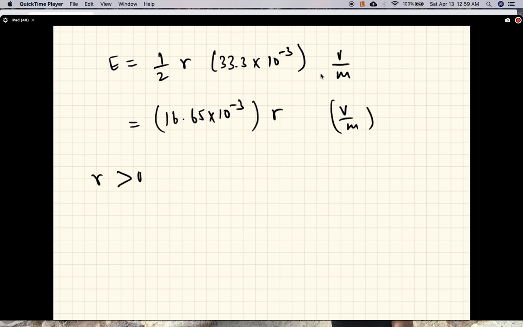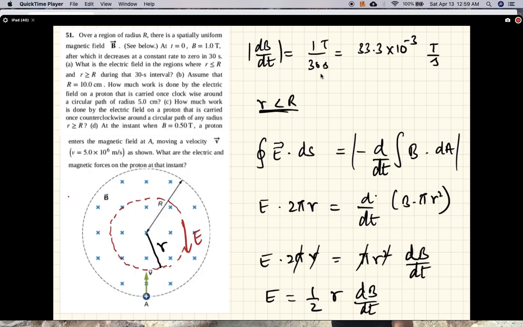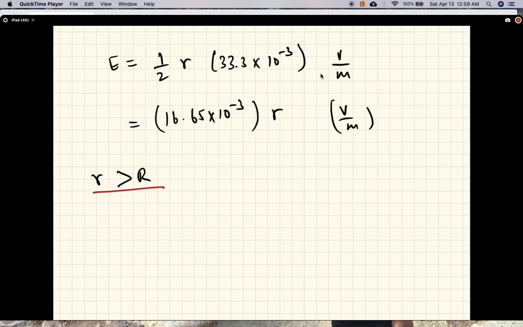For r greater than R, we would draw a circle like that, and that's the radius. So again, E dot ds should equal minus del by del t of B dot dA.